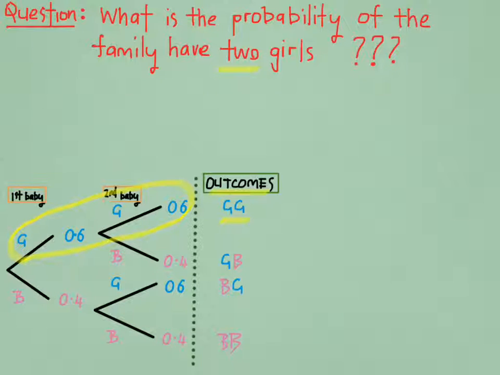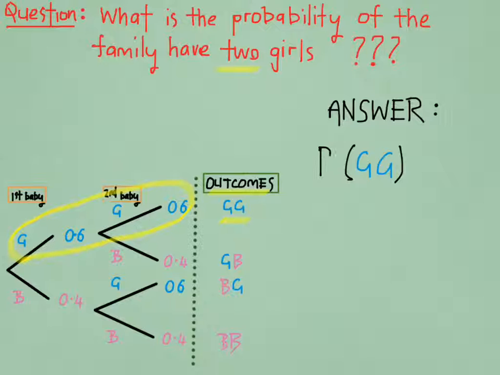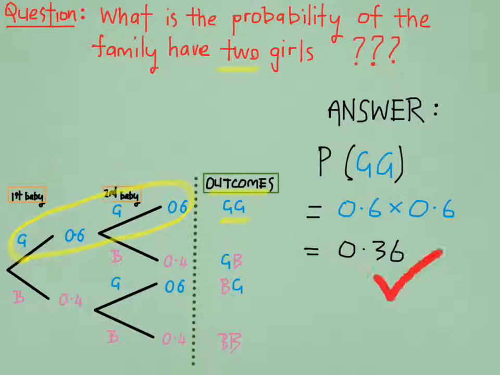So in terms of calculating the probability, this becomes reasonably straightforward. Let's document the answer now. There's our 2 girls, and we generally note probability like that. So that just means the probability of 2 girls equals 0.6 times 0.6.